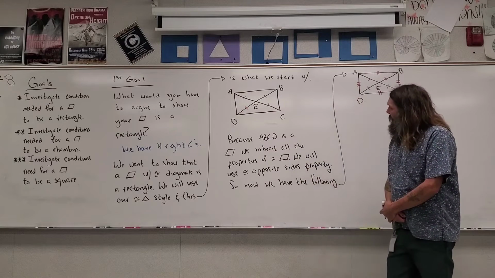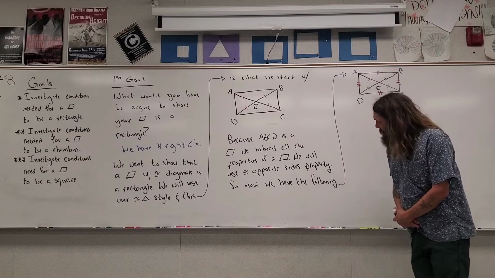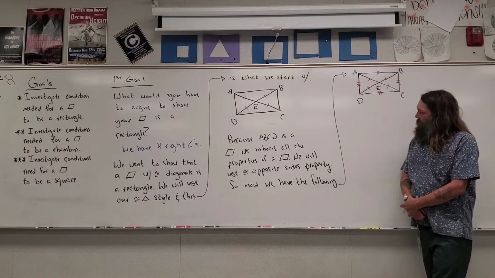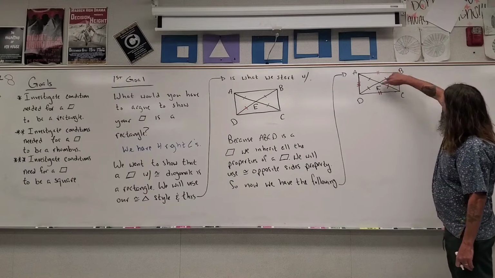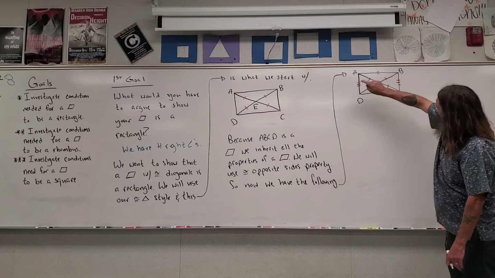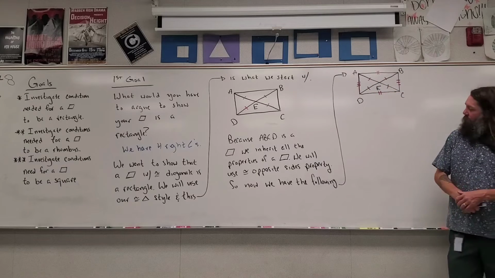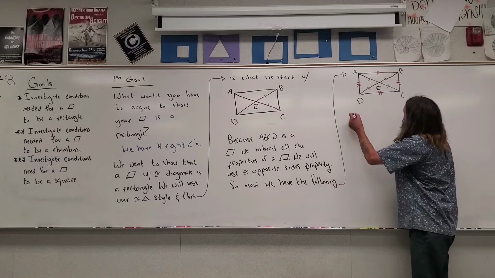And because ABCD is a parallelogram, we inherit all of the properties of a parallelogram. We will use the congruent opposite sides property. So now we have the following. So I added the congruent opposite side marks to my parallelogram, and notice that we have 2 sets of congruent triangles, or 2 pairs of 2 congruent triangles.